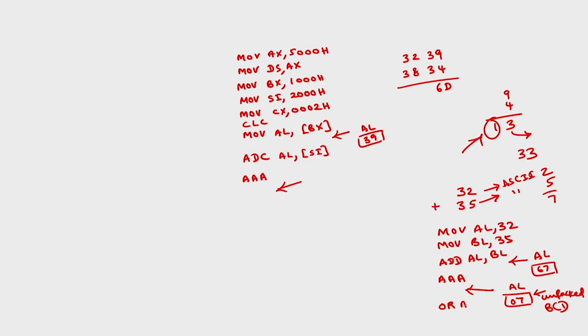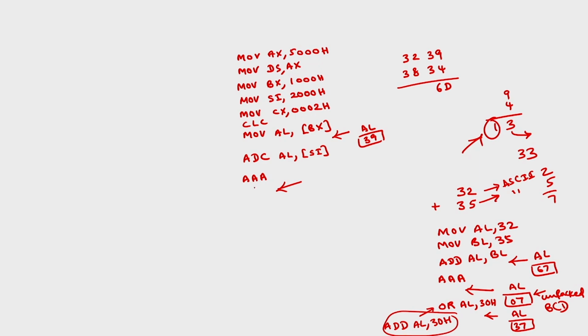OR AL comma 30H, or you can simply add also. So that after this what will be the contents? AL will have 37H. 0 if OR with 3, you will get 3 itself. 0 if you OR with 7, you will get 7. Or instead of this you can write add AL comma 30H. You can write any one of these instructions.